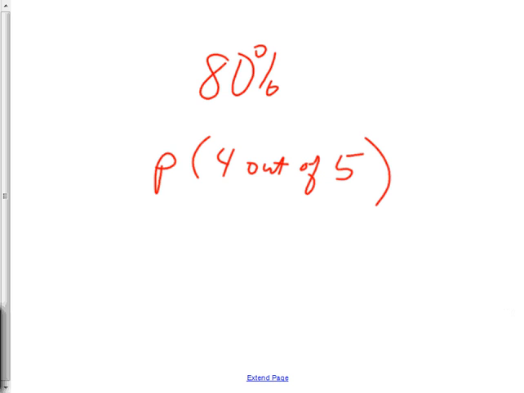So when I say at least 1, do you get that's the exact same thing as saying not 0? If I say I'm going to make at least 1 shot, that's saying the exact same thing as I'm going to not make 0. Okay, so what does not mean?